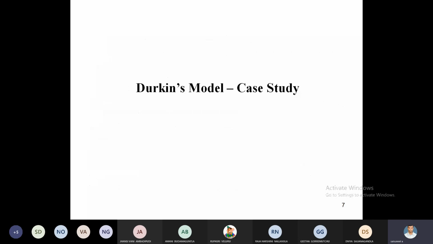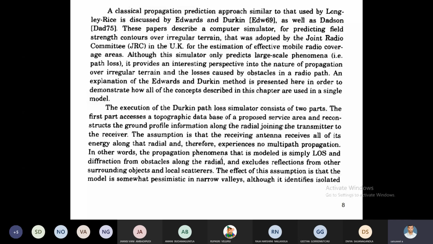The first part accesses the topographic database of the proposed service area and reconstructs the ground profile information along the radial joining the transmitter to the receiver. What is meant by the first part? Suppose I am fixing a base station, newly designing a cellular system.